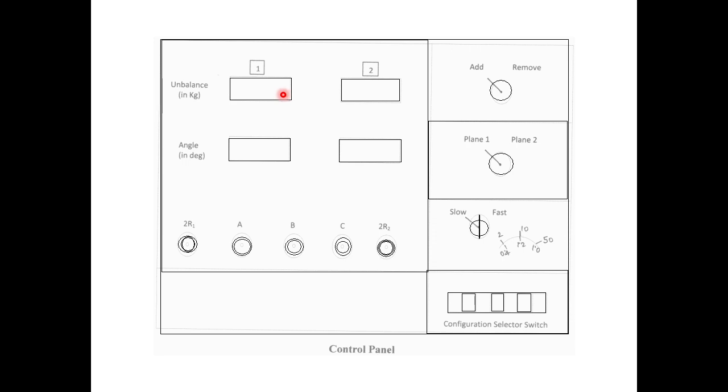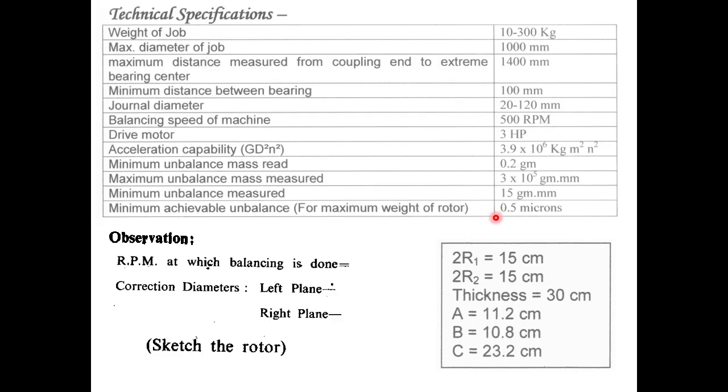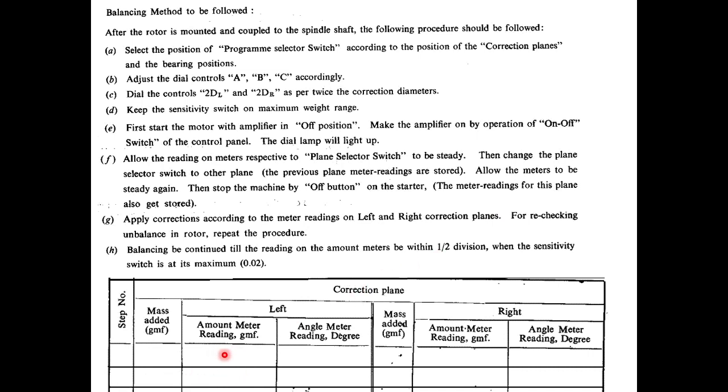That accuracy part we'll see afterwards. There is another option, slow and fast. In fast operation you can run it for 1 second. The final run you can make in fast operation. Then you need to check whether you are getting some amount reading there or not. At least you cannot get a reading less than 0.5, it doesn't make any sense. That is the minimum resolution.